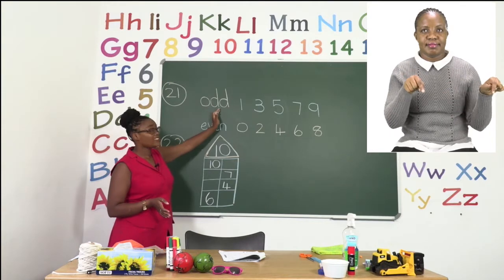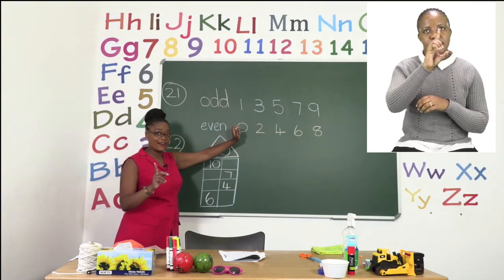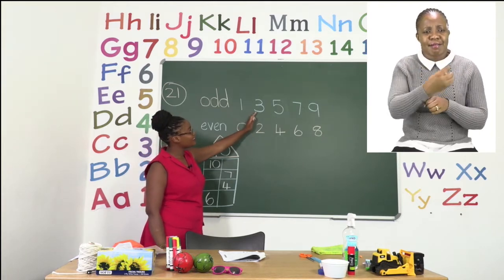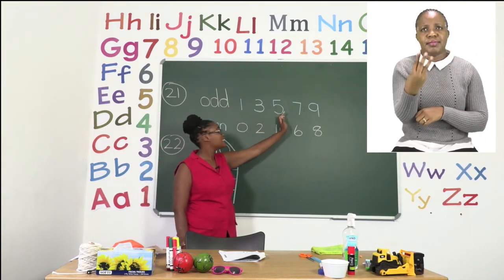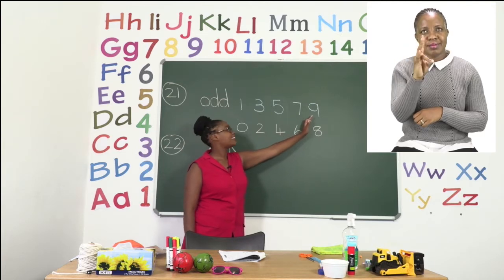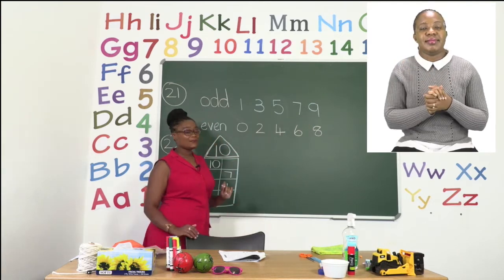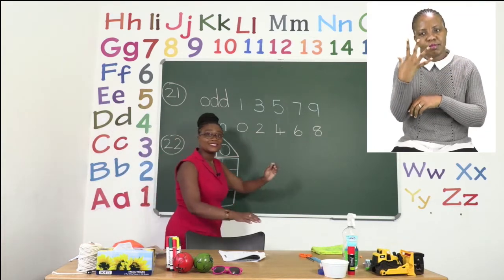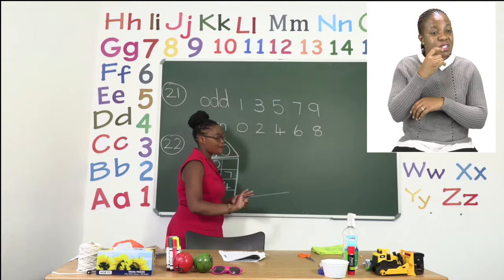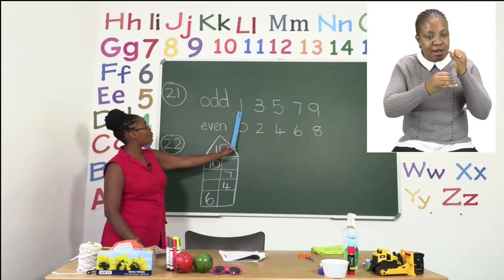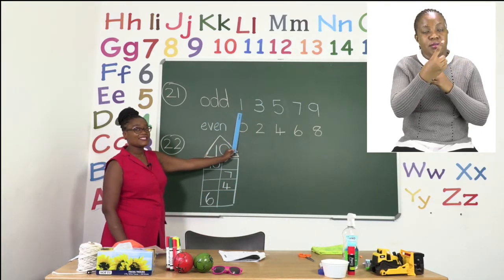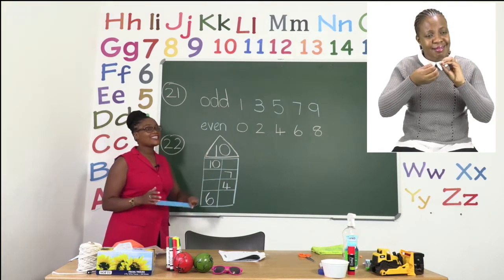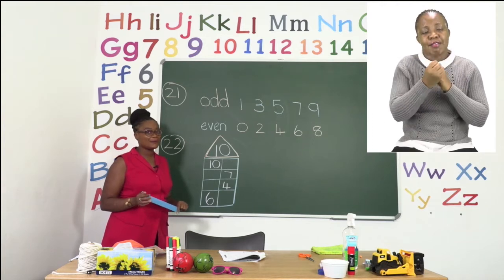So our odd numbers always end with 1, 3, 5, 7, or 9. That is because they are going to be important for us to see which ones are the odd ones. Now, if I have 1 here, that means any number that ends with 1 is an odd number.